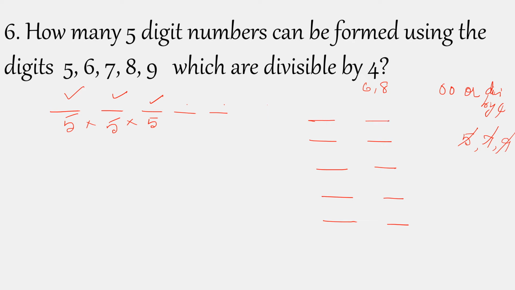Now, how will you write 6 and 8? Coming to the 4th digit, I can write 5 or 6 or 7 or 8 or 9. If I write 5 in the 4th digit, I told you either 6 or 8 can be written in the unit digit.